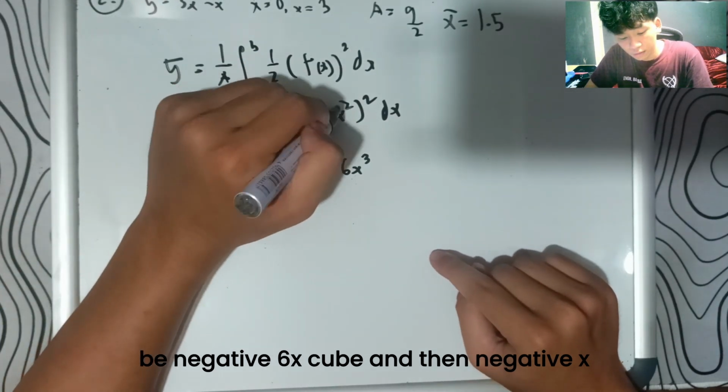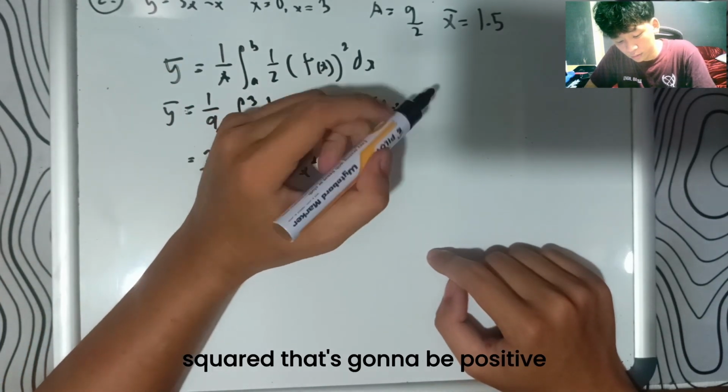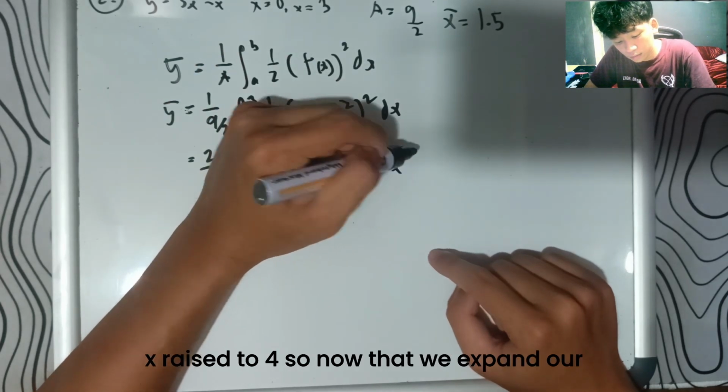And then negative x squared times negative x squared is positive x raised to 4.